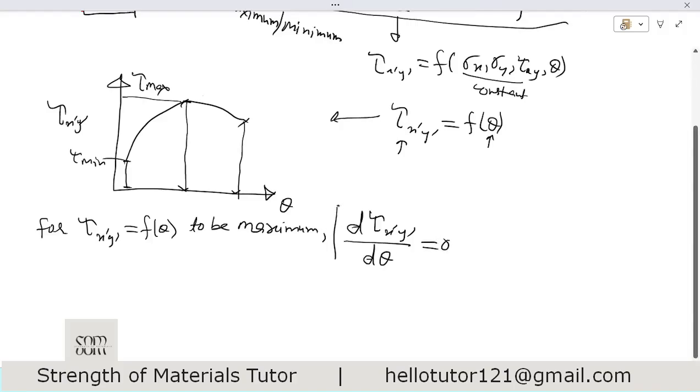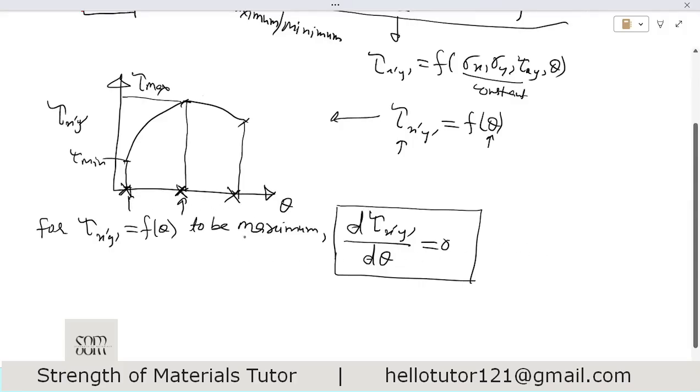Now we know this from mathematics or calculus classes, right? So if we differentiate this term with theta and equate it to 0, we will get that angle. Because you can see here this is a particular angle at which this tau max exists. So we will get this angle, maximum, or if there is a minimum, we will get that angle.